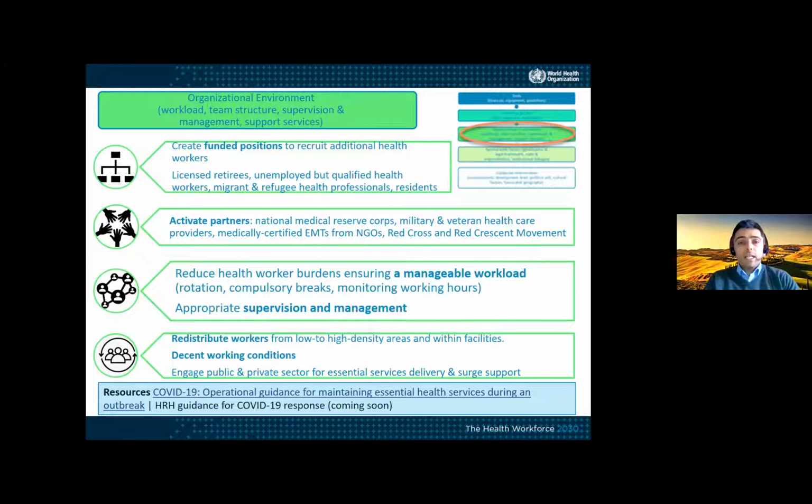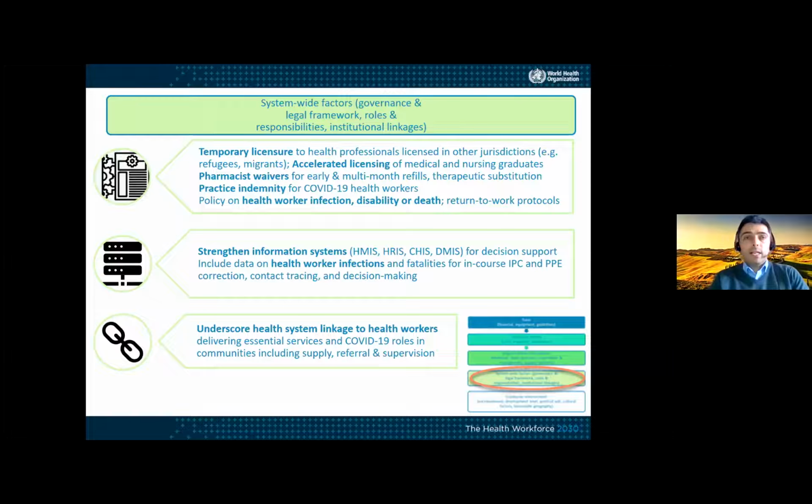Finally, we need to reflect also on those interventions that can only be implemented at a system-wide level because they require changes across the health system or across an entire jurisdiction.